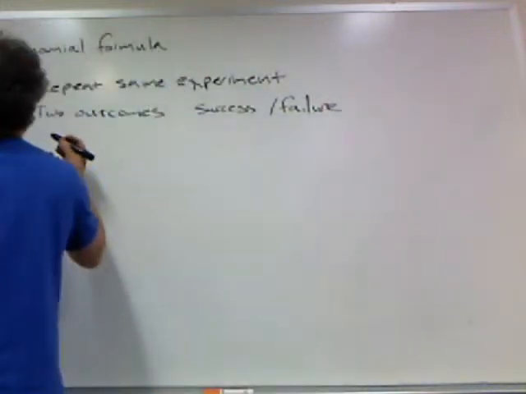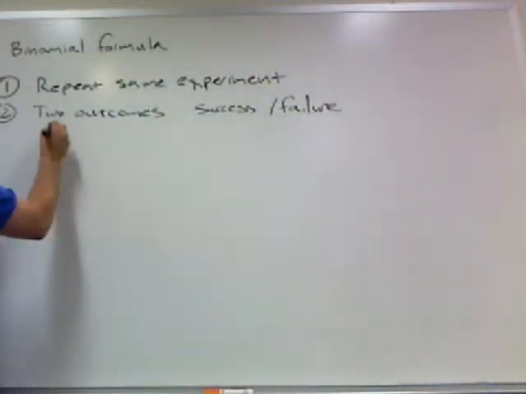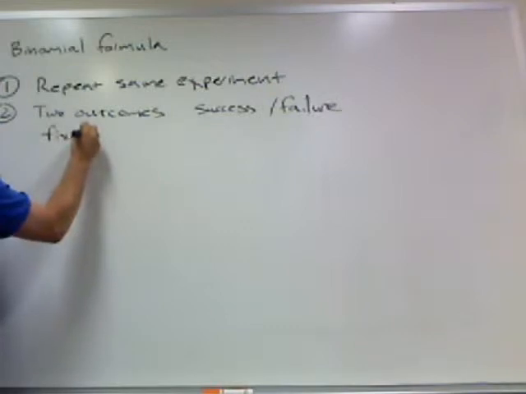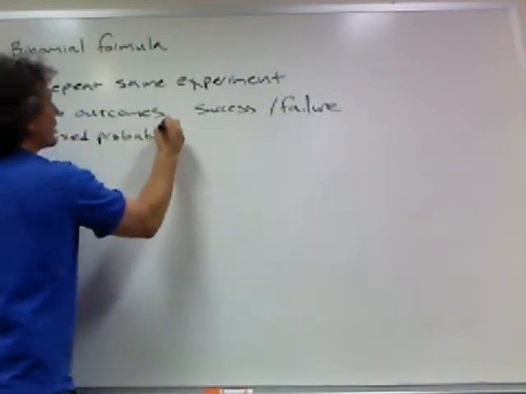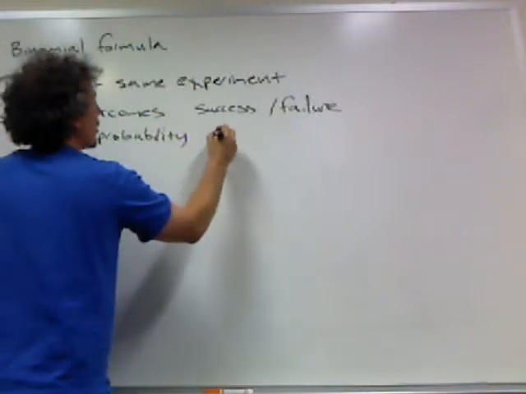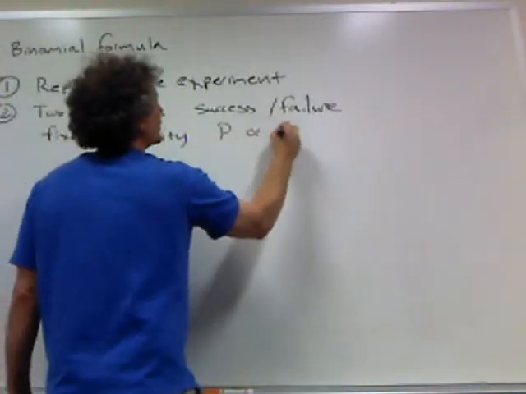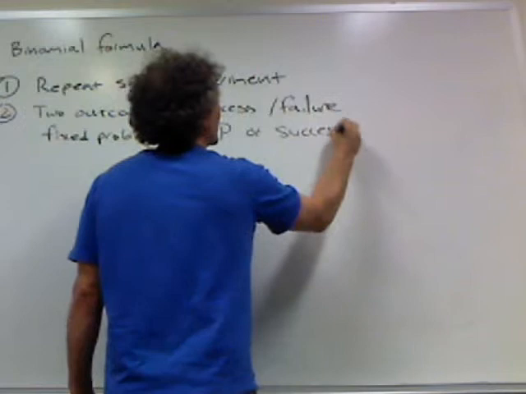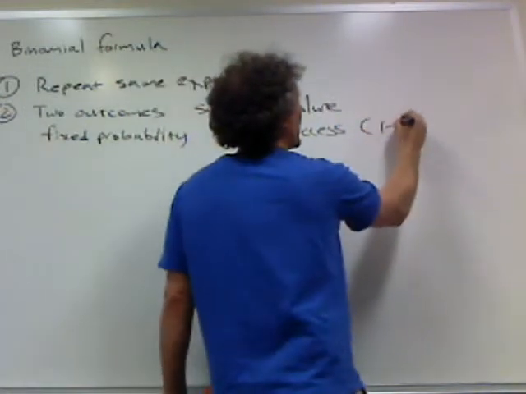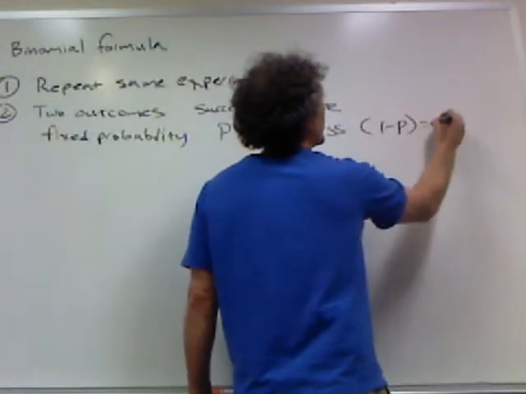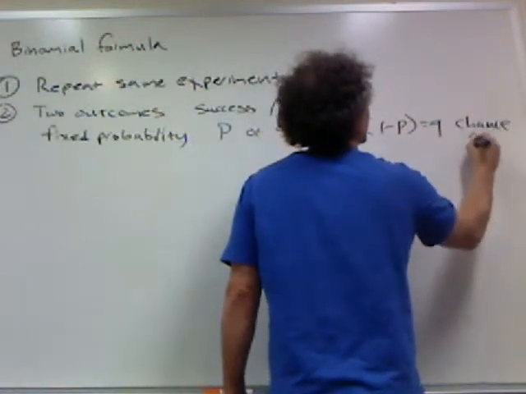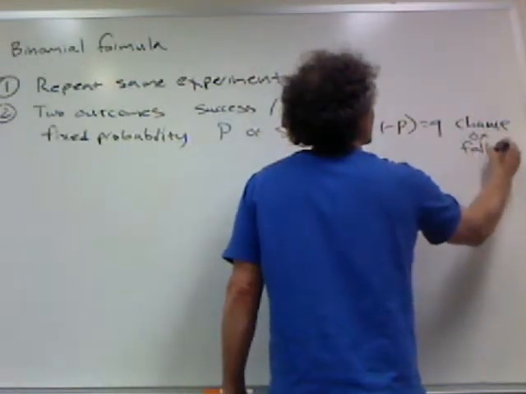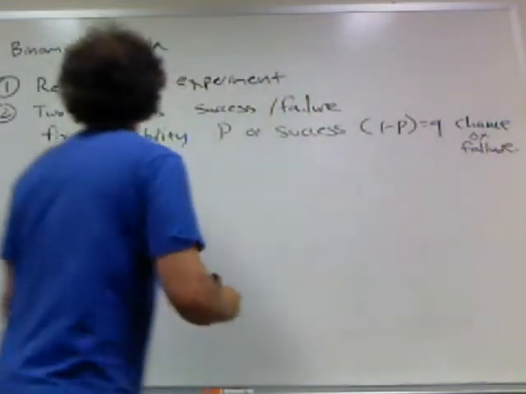And there's a fixed probability, or fixed chance, call it P, of success. And by the way, we usually say 1 minus P, which we call Q, is the chance of failure. Okay? So that's another thing.